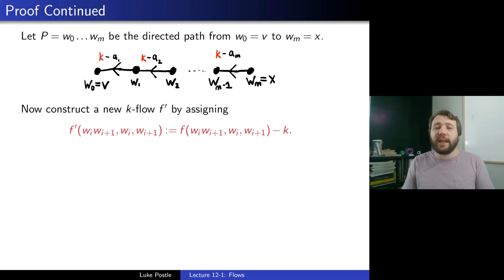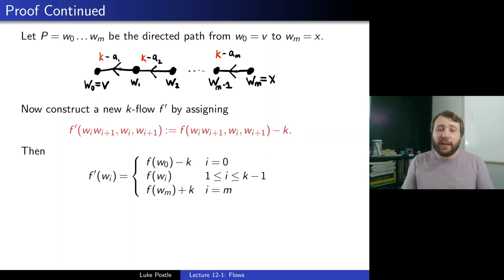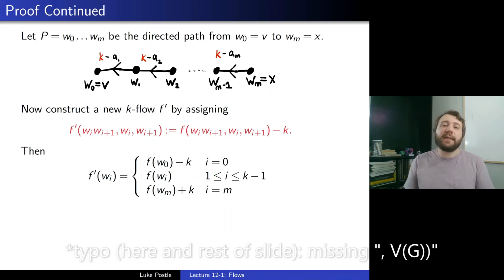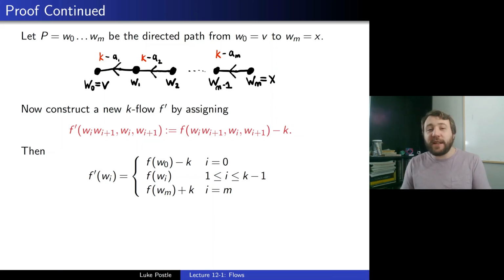So that's going to be a new flow. I claim it's a flow. Well, let's think about it. What is our new value at a vertex? So again, typo, those should be comma V of G, but F prime of Wi, V of G should be equal to, well, it depends on the things, right?